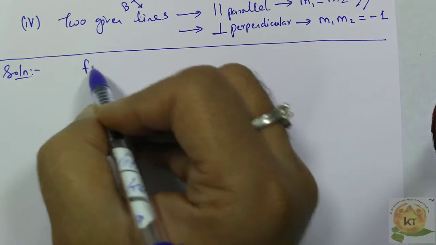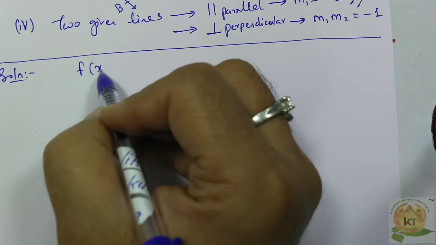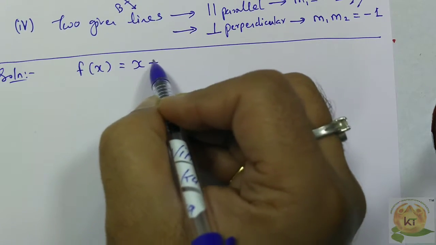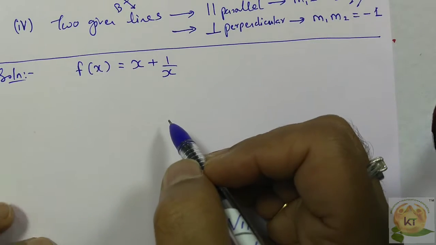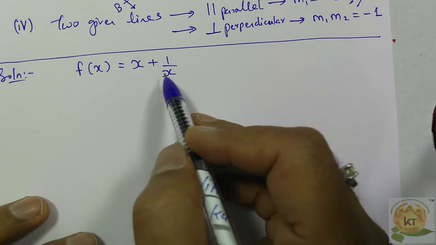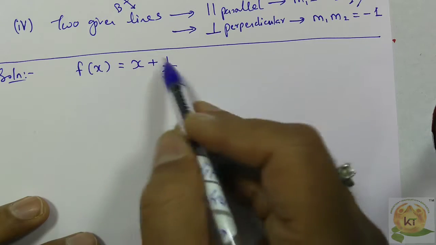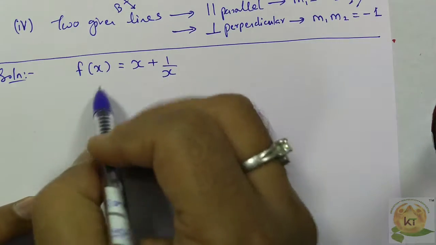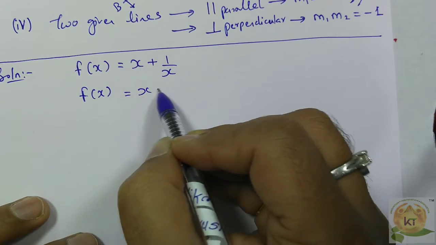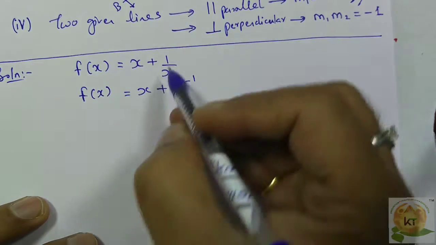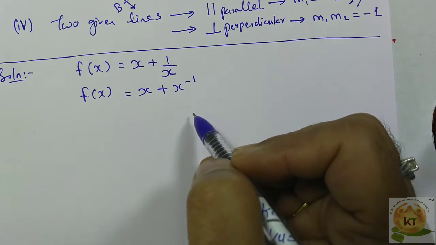We have our equation. I'll write it down as f of x is equal to x plus 1 over x, and I know in order to find the gradient I need to find the derivative of this equation. So let me make it simpler to find the derivative. I'll write it as x plus x to the power of minus 1, since 1 over x can be written as x to the power of minus 1.